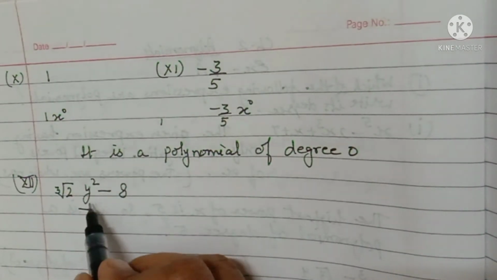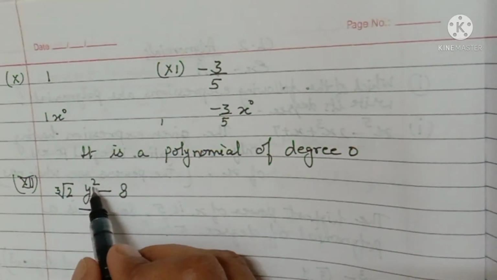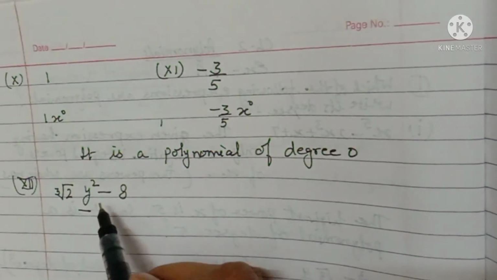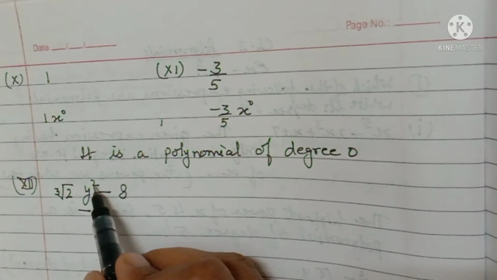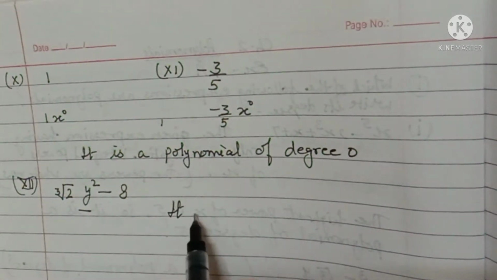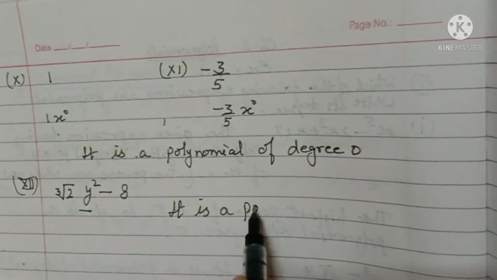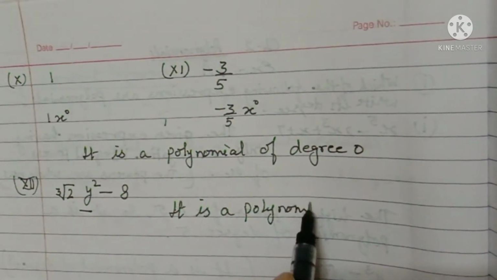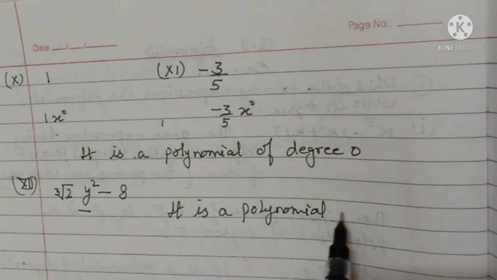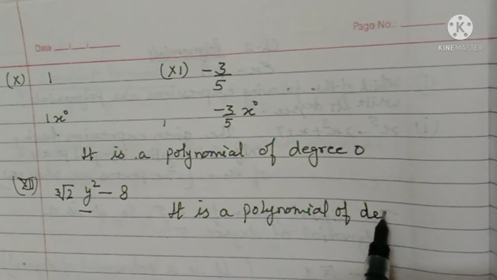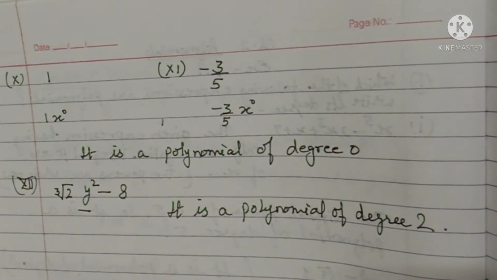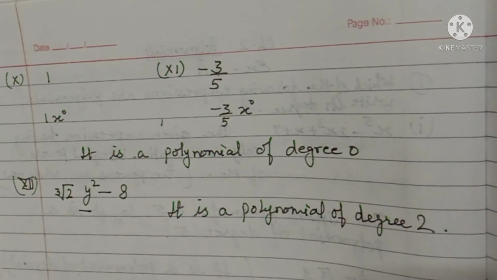Here the variable has the power in the form of non-negative integral power, or we can say power in the form of whole numbers. So it is a polynomial, and the highest power of the variable is 2. So it is a polynomial of degree 2. So this is question number first, all parts.